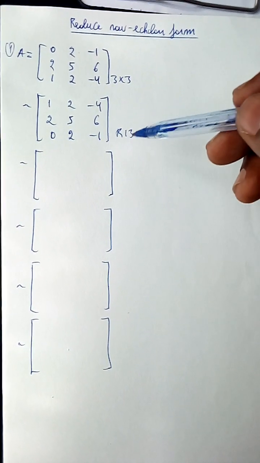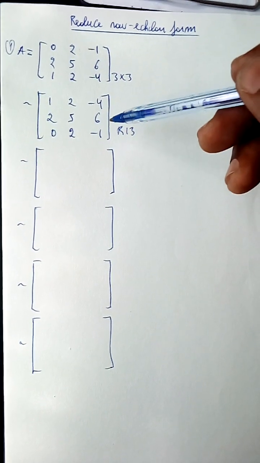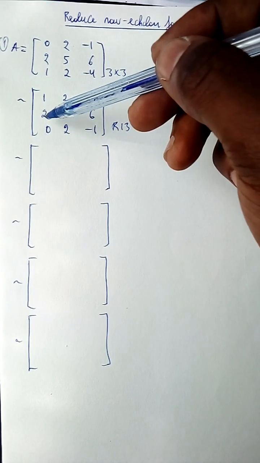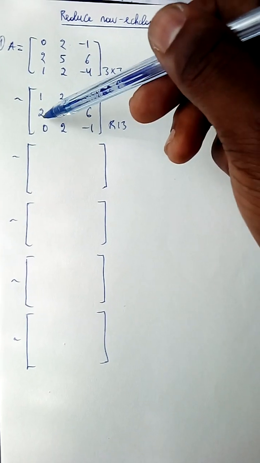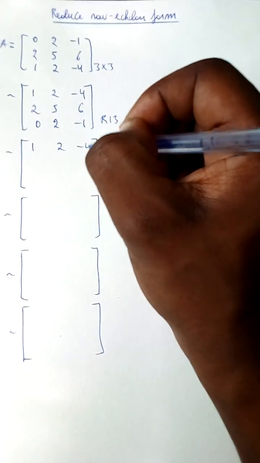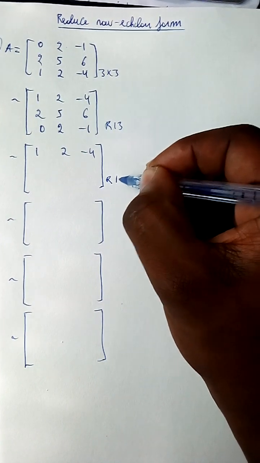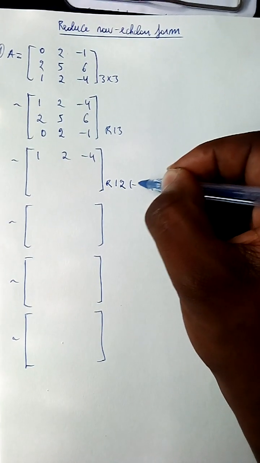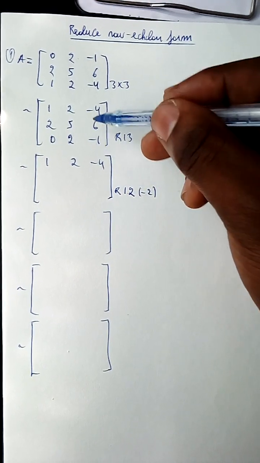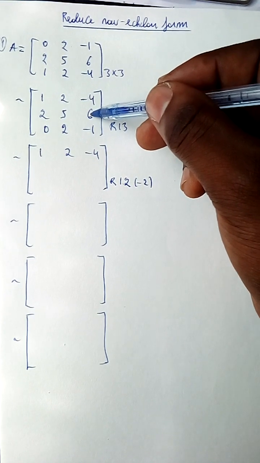So guys, as we interchange the first row with the third row, we are going to use the leading one here to make 0 in the second row. R1 means the first row and R2 means the second row.